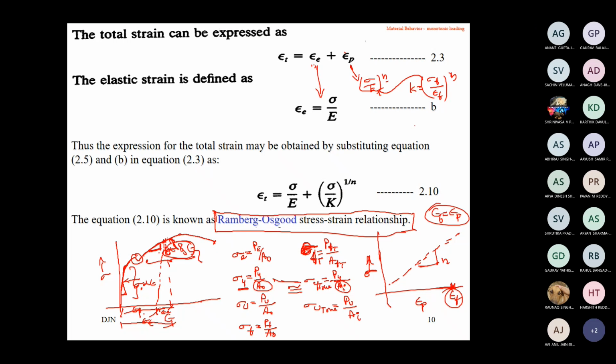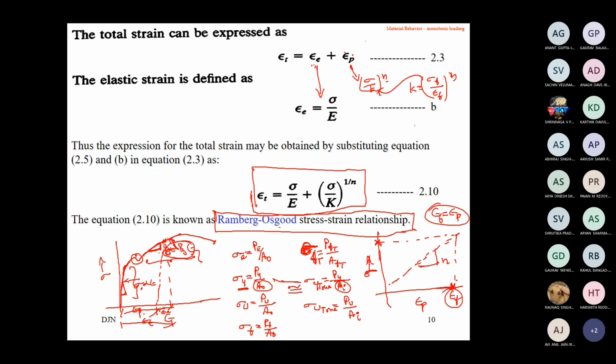The strength at the fracture point, the strength coefficient, the true fracture strength at that particular fracture value, is nothing but the strength coefficient K. We can use that in this equation, and this type of equation relating the stress and strain, both the elastic part and the plastic part, is known as the Ramberg-Osgood equation.